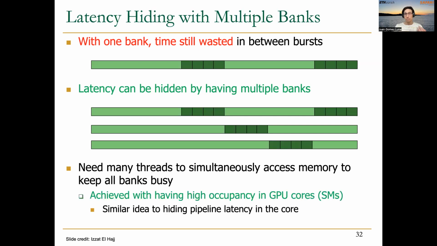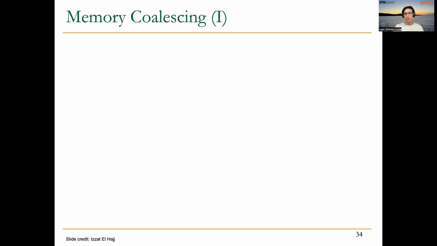And we can do that better if we have high occupancy in GPU cores. Of course, if you have only a single thread running on an entire GPU core, you cannot sustain so many memory accesses. But if you have many warps, many thread blocks running in the same core, it's more likely that we can access multiple banks at the same time, and this way maximize the overall bandwidth.